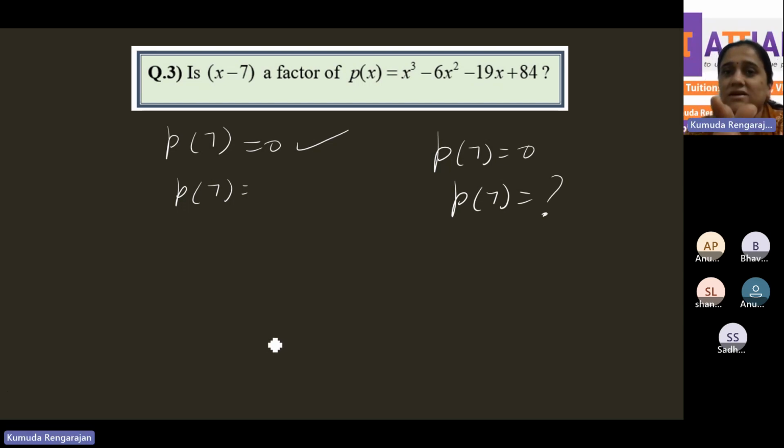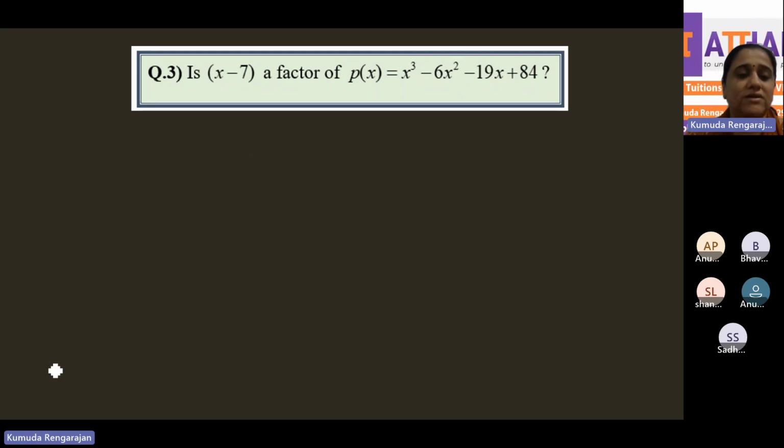You should check if it's a factor. For that, you should find P of 7. If you get 0, it is a factor. If it is not 0, it is not a factor, because when you find P of 7, it will give you the remainder on division. So if you get 0, then it's a factor. Otherwise, it's not a factor.